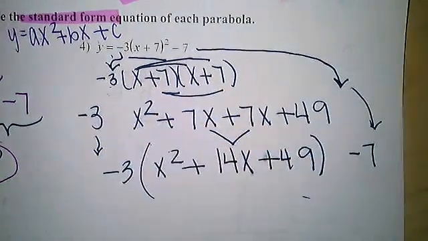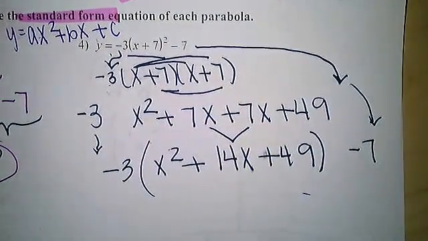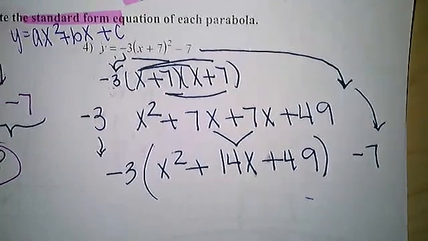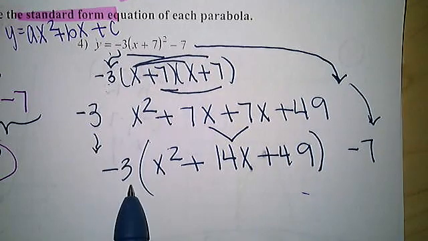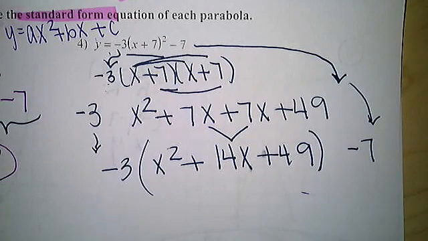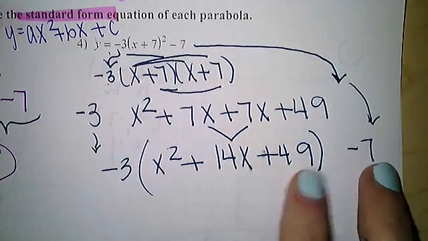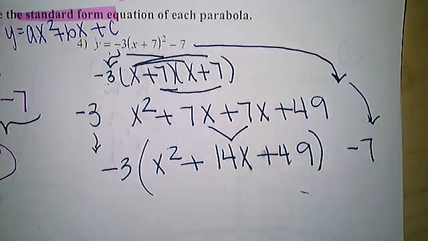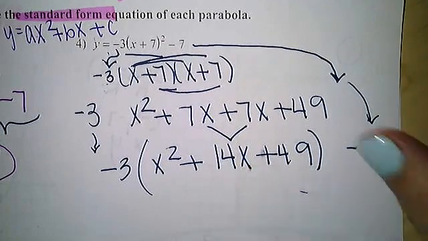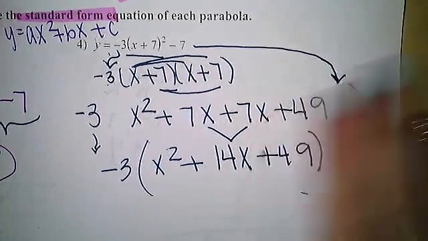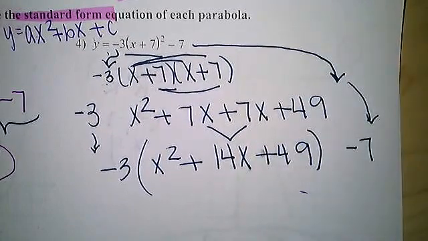So it's a little longer, but you're still kind of doing the same process. All right, so this -3 is the only extra step that we're taking here. We don't want to put these together because we haven't distributed the -3. So that's a common mistake I'll see, is people put these two. Just kind of hang out with that -7. Don't do anything with it yet.